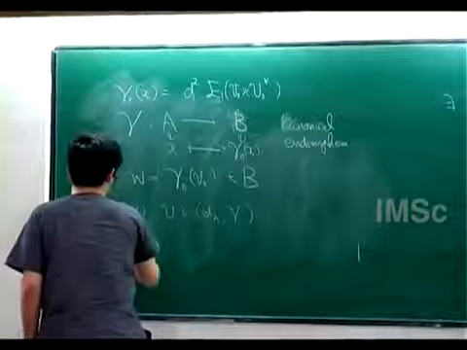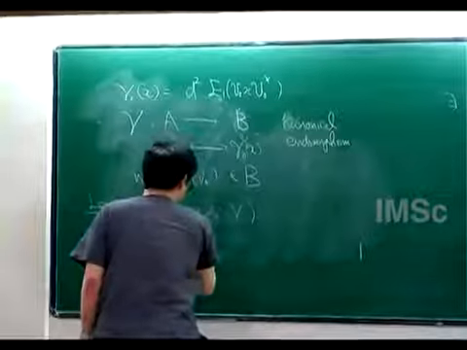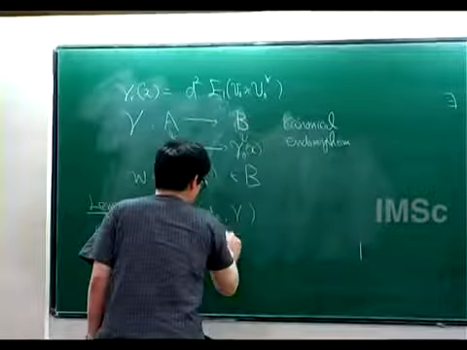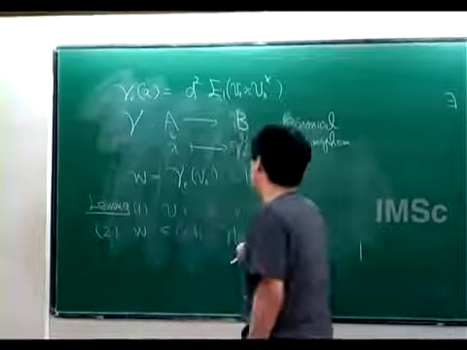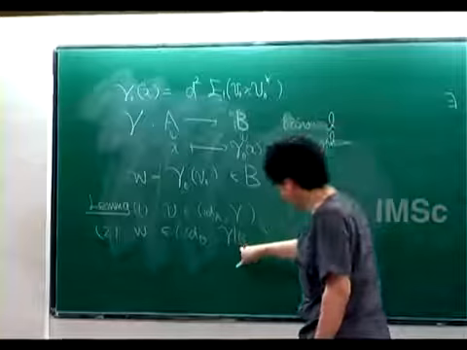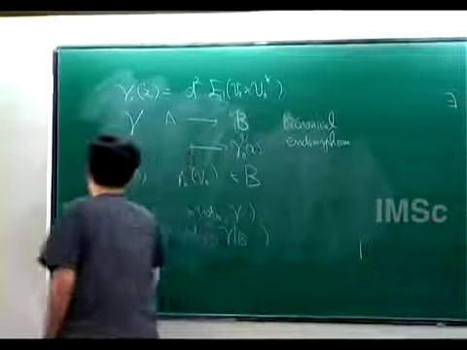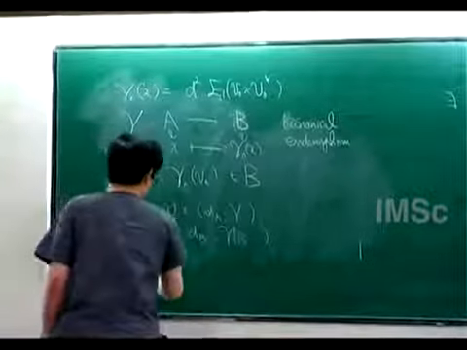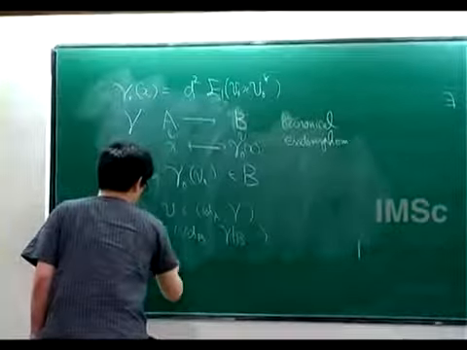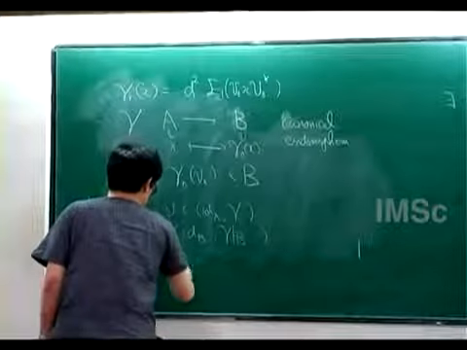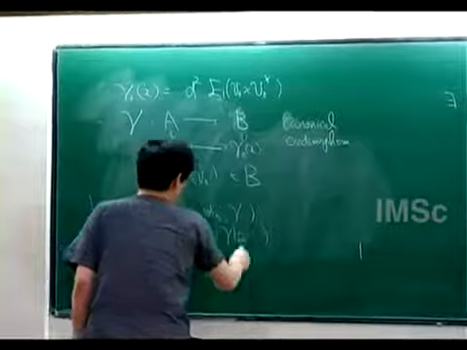Second, W is an intertwiner between identity of B and gamma restricted to B. So this is treated as a homomorphism from B into itself. And last, we have this relation: gamma of W star V equals 1 over D.